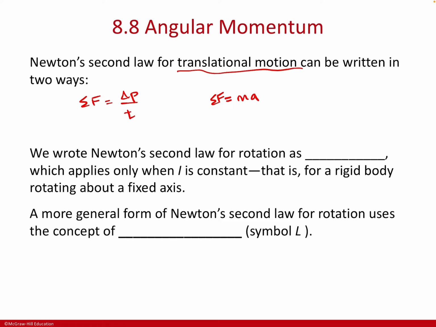For rotational, Newton's second law, we said torque was equal to moment of inertia times angular acceleration. So for Newton's second law for rotational, using momentum, we use the symbol L, and that's angular momentum.